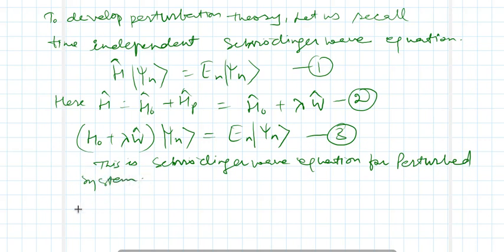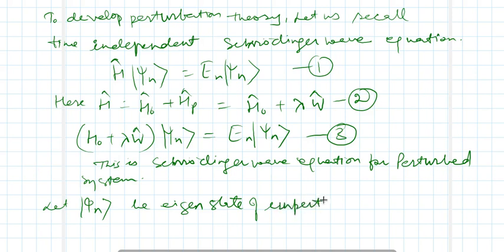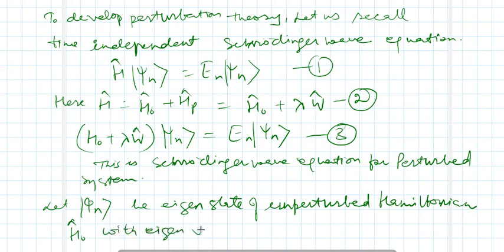And let phi n be the eigenstate of the unperturbed Hamiltonian H naught with eigenvalues En naught.